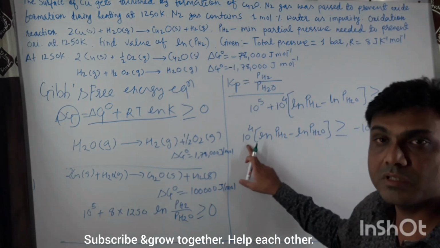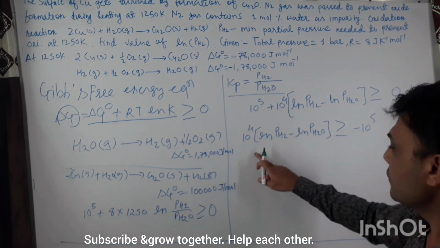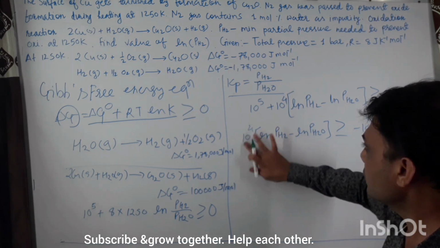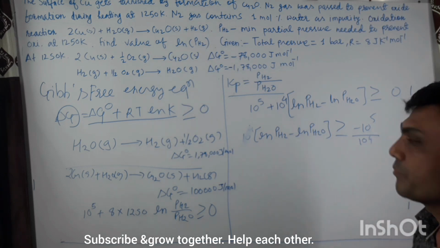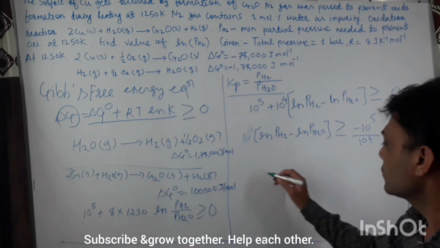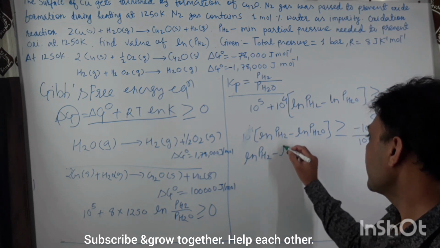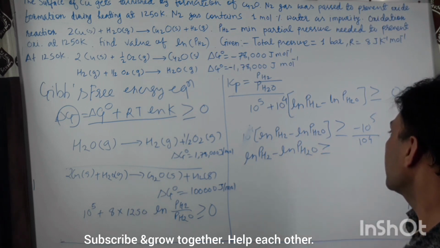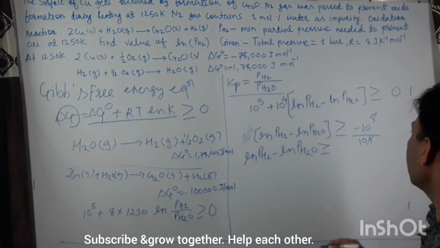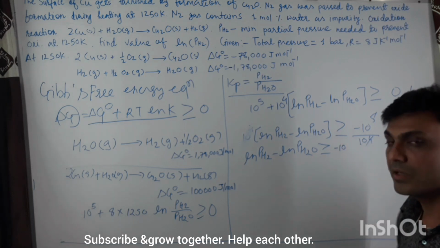Now this term is in multiplication, so if this will go this side, it will go in division, divided by 10 raised to power 4. So now ln partial pressure of H2 minus ln partial pressure of H2O greater than or equal to, this will get cancelled, it will become minus 10.